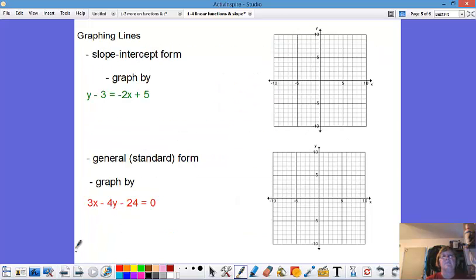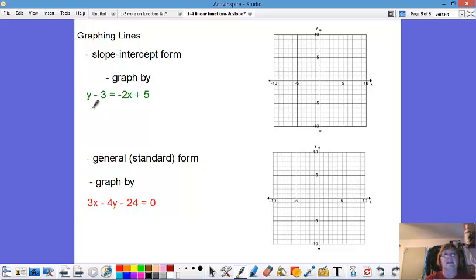Our next topic is to graph lines, and folks, this is the last topic of the day. I will give you my take on these things. This is by no means the only way to graph these things, but I'll tell you what I would do. I see this equation, and it isn't in slope-intercept form, but it could be very quickly.